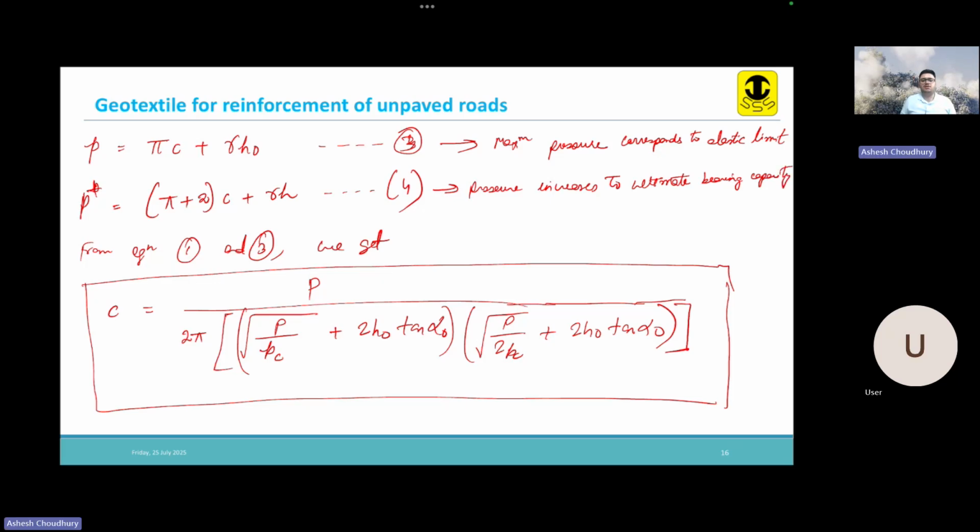Okay, so when geotextile is used, the maximum pressure can be taken to be increased to ultimate bearing capacity. And when geotextile is not used, we consider that the maximum pressure corresponds to the elastic limit.